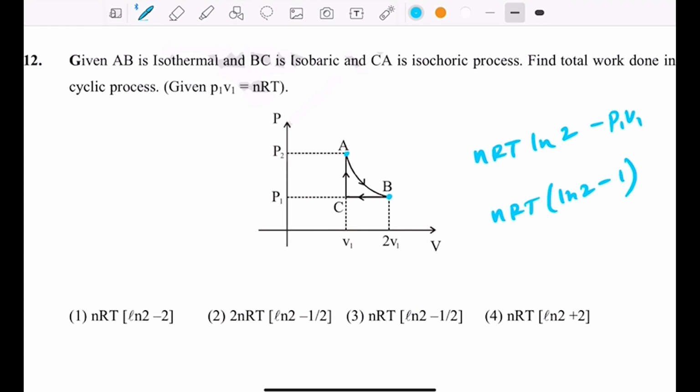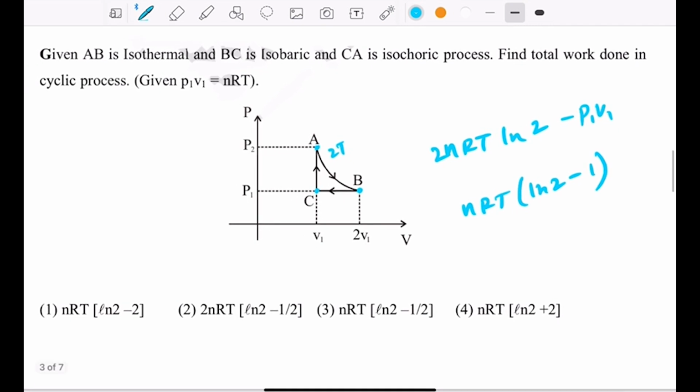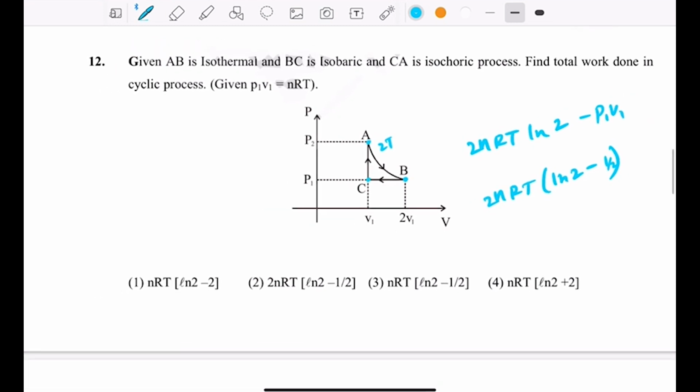Okay, let me check it. Here P1 V1 equal to nRT. So this is 2T temperature. Yes, it's good. So this will be 2 nRT. So it will be 2 nRT minus nRT. So if I take 2 nRT common, it will be 2 nRT into 1 by 2.